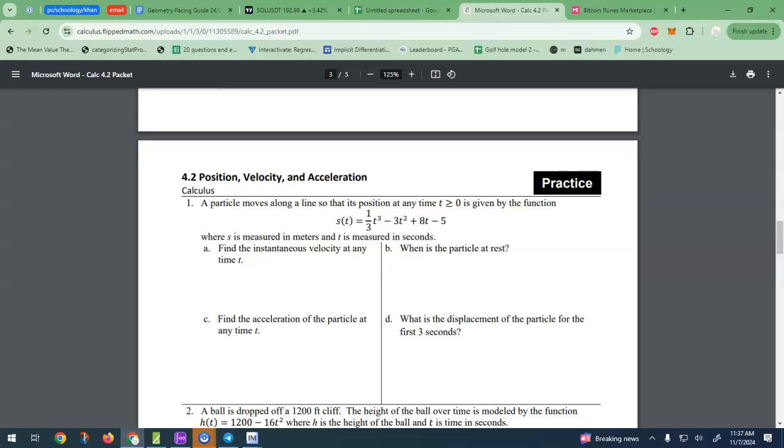Let's be calculusing, please. How do you guys think?